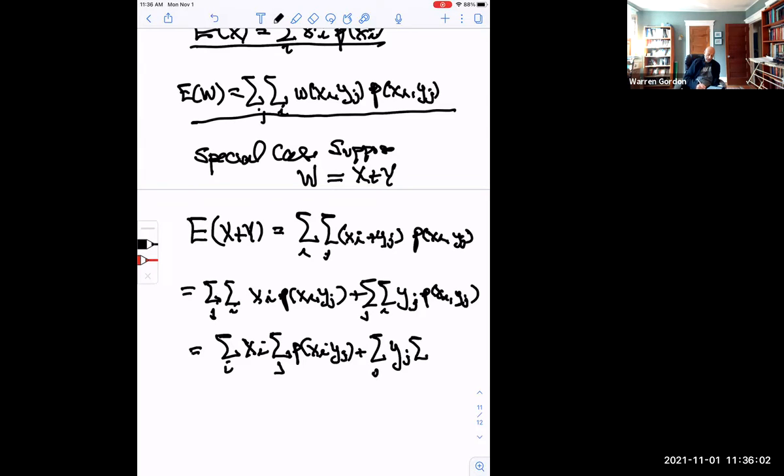I'm allowed to interchange the order of summation here because they're finite. Now in one case, I'm summing all the columns. This is just P of x sub i.